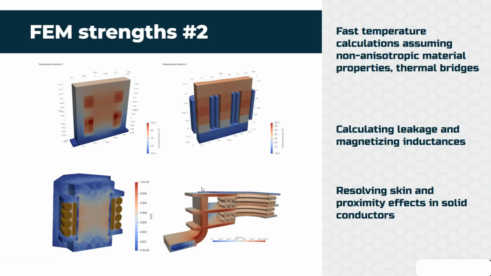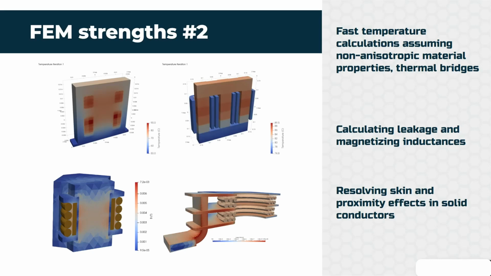And last but not least, this is quite obvious: when you're solving solid wires at high frequencies, if you make your mesh fine enough, you can automatically resolve skin and proximity effect.